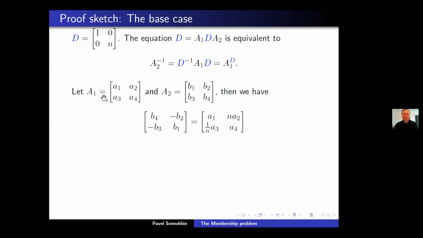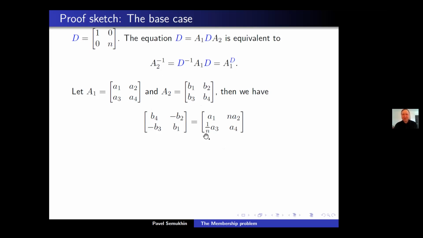Let A1 have coefficients a1, a2, a3, and a4, and A2 have coefficients b1, b2, b3, b4. Then if we substitute these matrices into this equation, A2 inverse will be this matrix here, and A1 conjugated with D will be this matrix here.